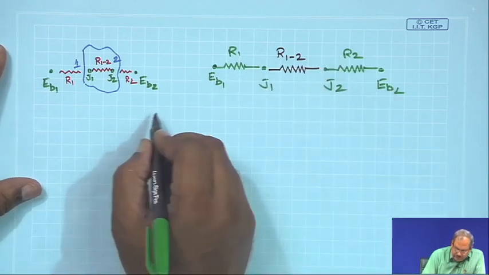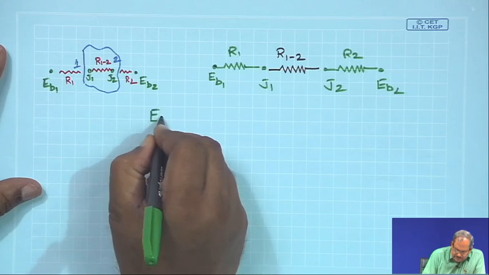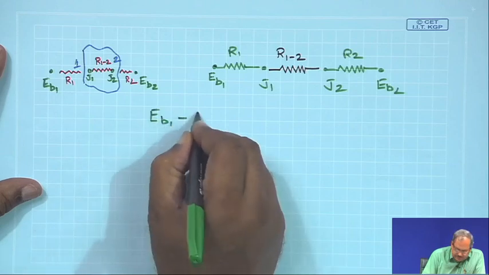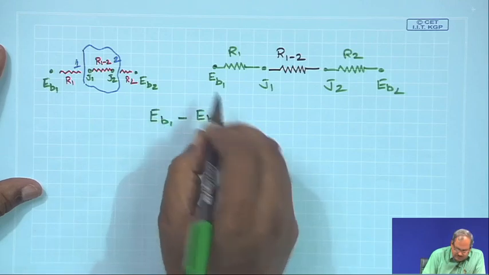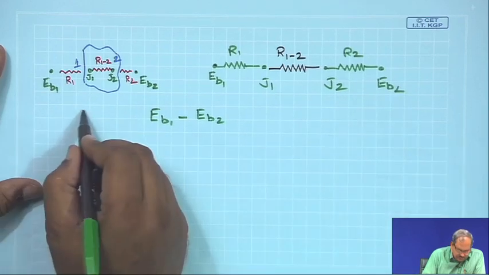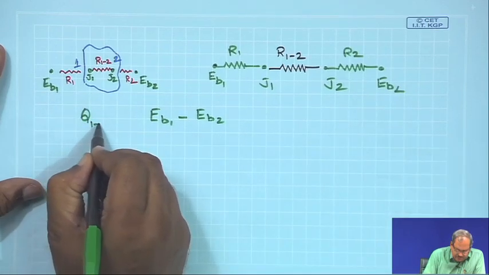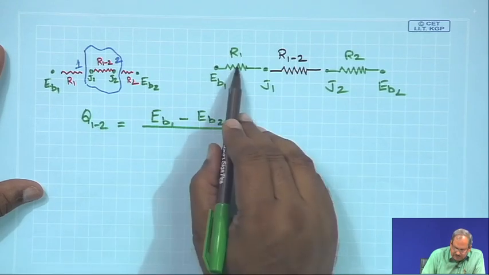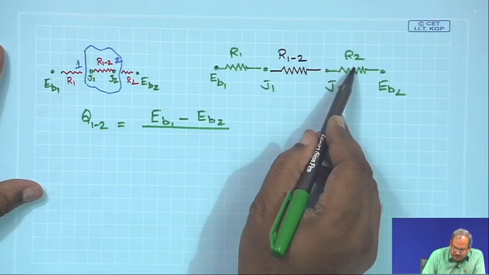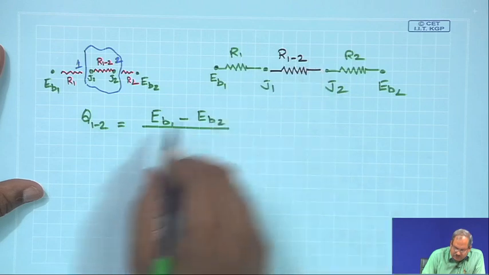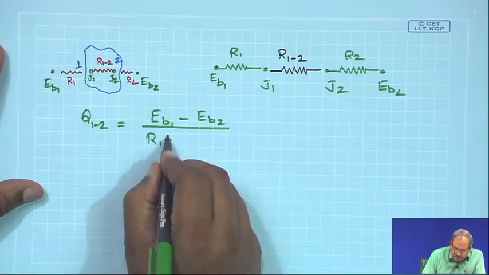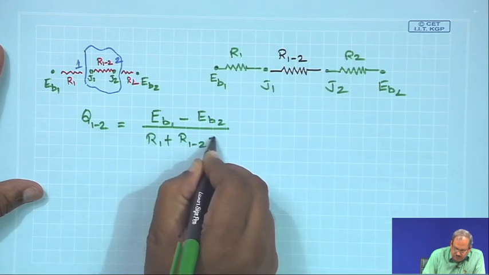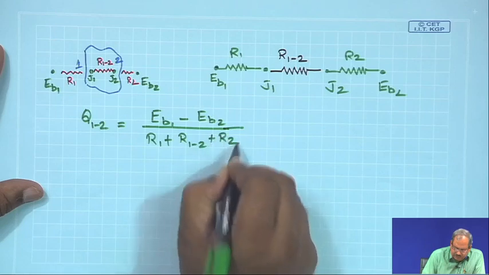So, I can write this as EB1 minus EB2, these are the potential difference. So, the heat flow from 1 to 2 must be equal to the potential difference divided by the sum of these three resistances which are in series: R1 plus R1 to 2 plus R2.